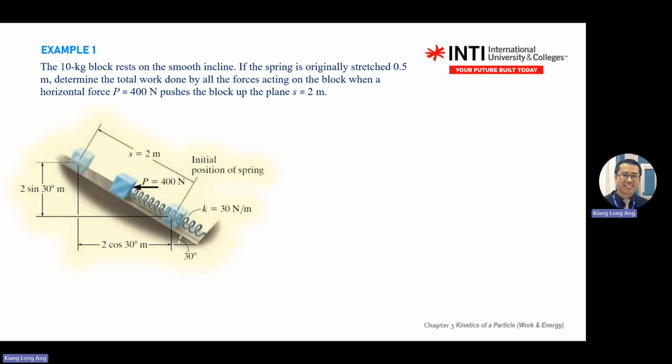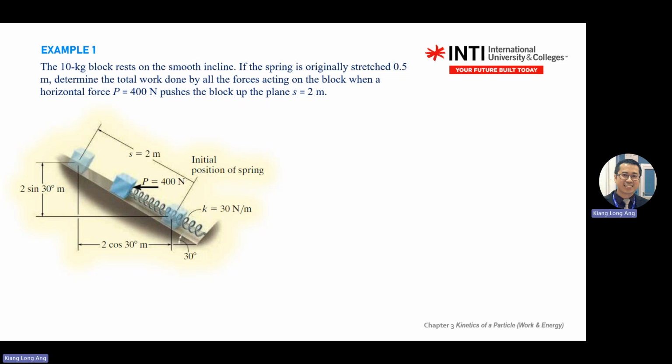Okay, push the block up the plane, S equal to 2 meters. Means on the surface here it moves 2 meters. I will always recommend you follow the surface rather than the force. So split all your forces into this surface direction.